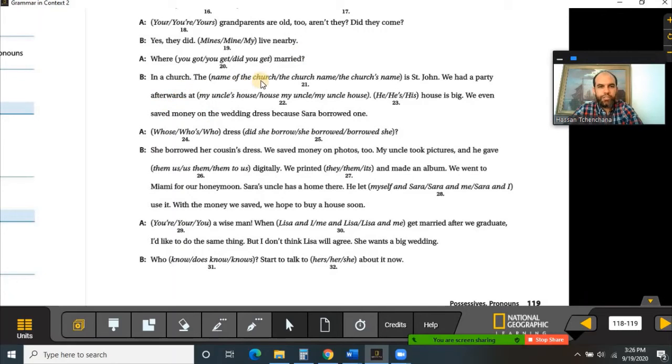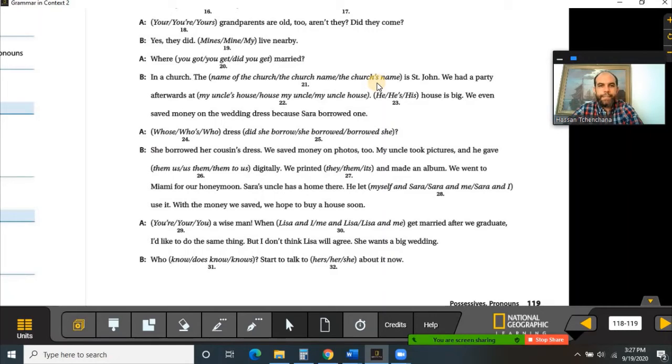In a church, the name of the church, the church's name is St. John. Now, the correct answer here is the name of the church. This is a common mistake that some students make, using an apostrophe and an S with inanimate objects. When we are talking about inanimate objects, try not to use apostrophe and an S. Always use of.